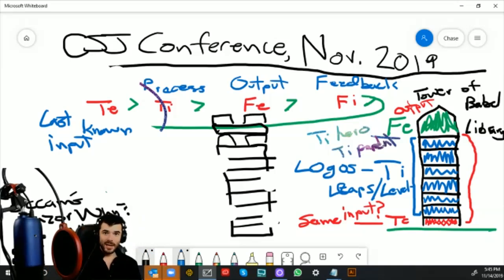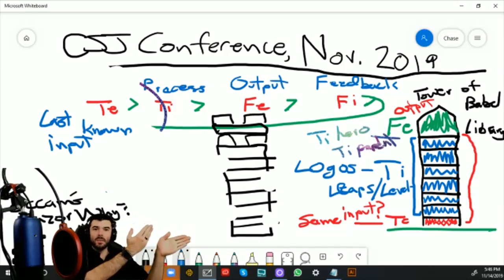They're not allowing any new input because they're either allowing what I call preferred input, that's the echo chamber, or they're allowing no new input, and then they're basing all their thinking on last known input. Wrong. But what happens to their knowledge tower when it is last known input? That knowledge tower ends up cannibalizing itself. And that's where you end up having this Jenga game.